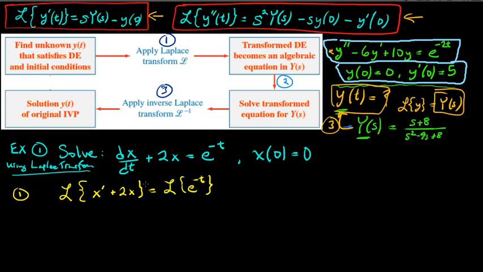Okay. Well, on the left side, maybe we should note that this is linear. So you're doing the Laplace transform of x prime plus 2 times the Laplace transform of x. For x prime, if you look straight up at the very top left, you get s times, I'll call it capital X of s, minus little x of 0.